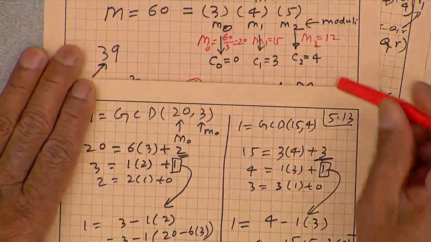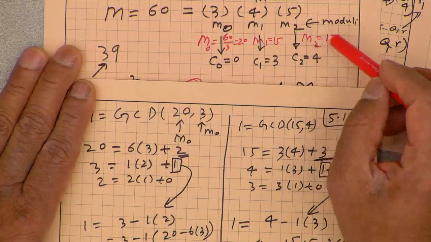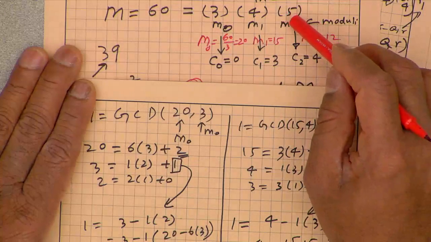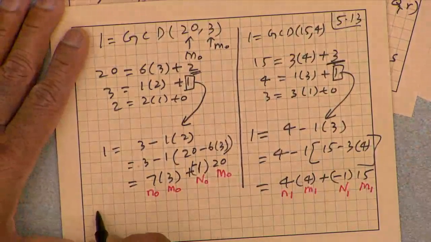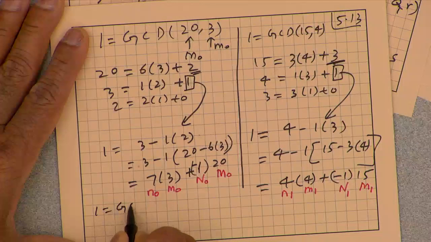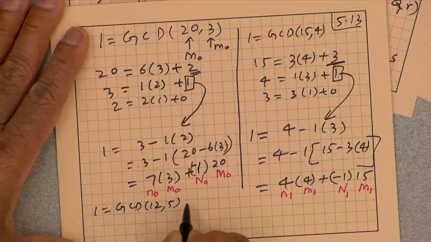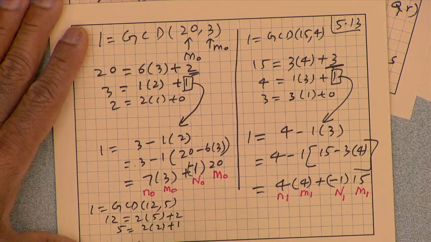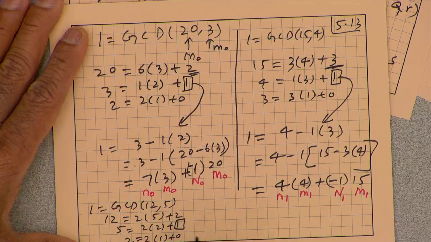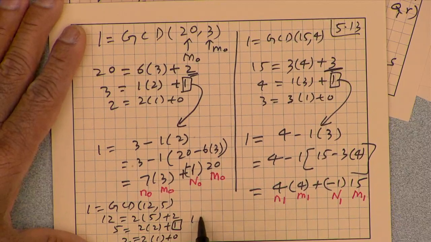Finally, for M2, which is 12, and m2, which is 5, the GCD of 12 and 5 is 1. 12 is equal to 2 times 5 plus 2. 5 is equal to 2 times 2 plus 1. We can stop here because 2 is equal to 2 times 1 plus 0. So 1 is equal to 5 minus 2 times 2.